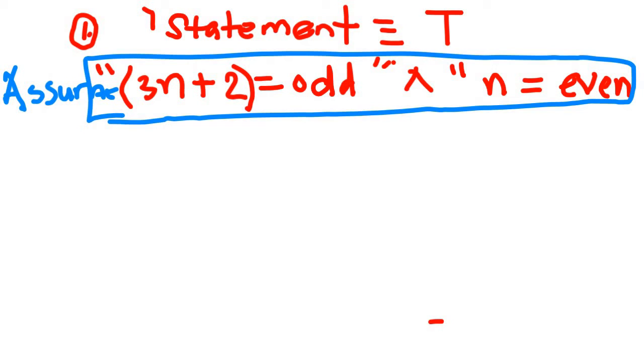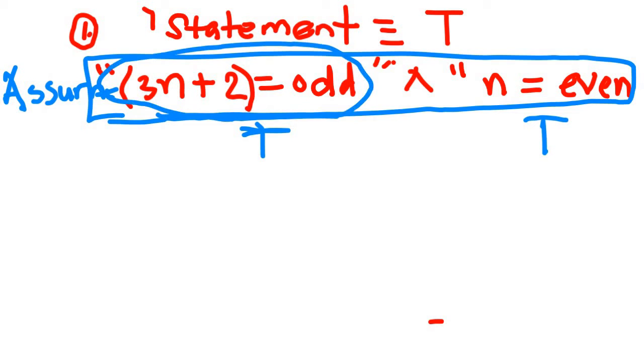Now, if we assume that this is true, this is a conjunction, so the first statement should be true and the second statement should be true for the whole statement to be true. Therefore, by assumption using proof by contradiction, we have 3n + 2 as odd and n as even.